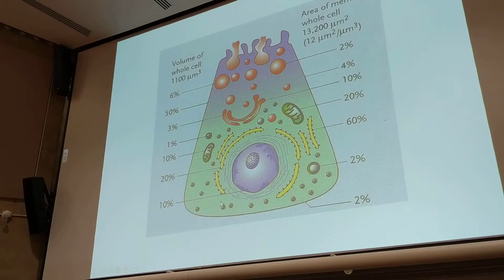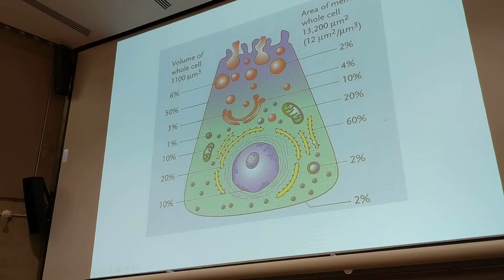This is just to show you that there's no rule about membrane surface and volume of each particular organelle. For example, some of the organelles, like the ER, have a much higher surface ratio than volume.